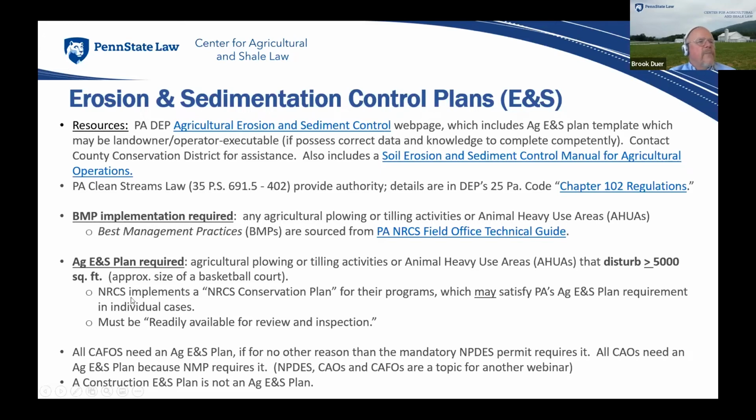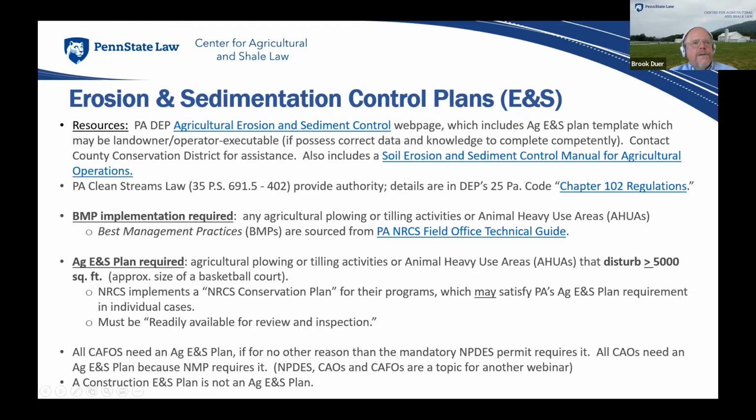And that is a permanent plan, not a temporary plan. That is a plan for where your animal heavy use areas are going to be used, generally all year round. Of course, it will have provisions dealing with when you are plowing and tilling. So that's the basic rules with regard to an ag E&S plan.